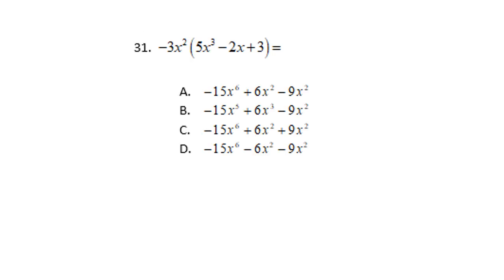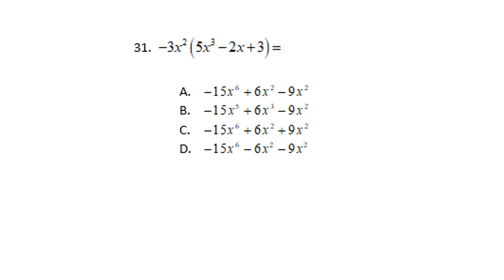Number 31. Negative 3x squared times the polynomial 5x cubed minus 2x plus 3 equals A, negative 15x to the 6 plus 6x squared minus 9x squared.